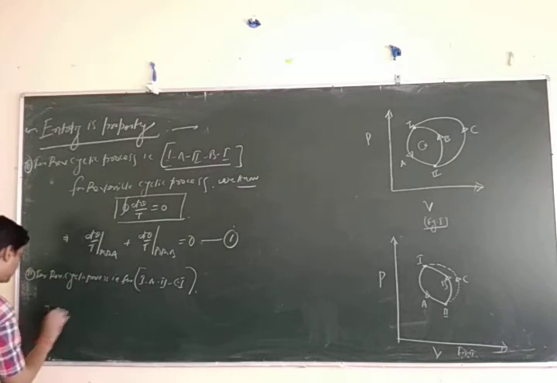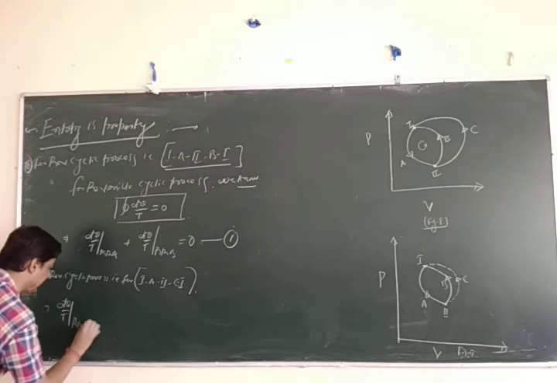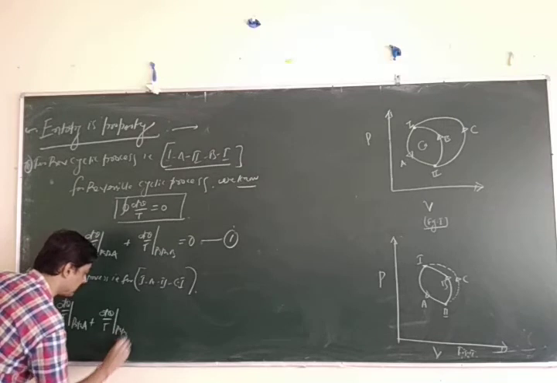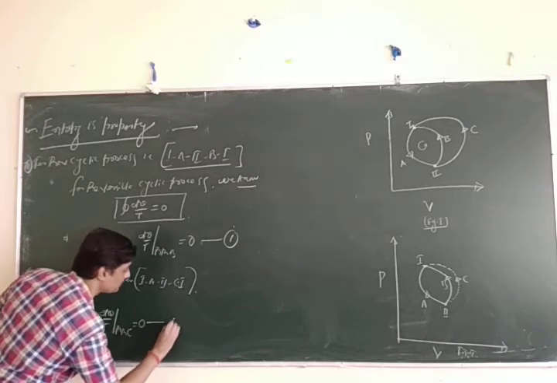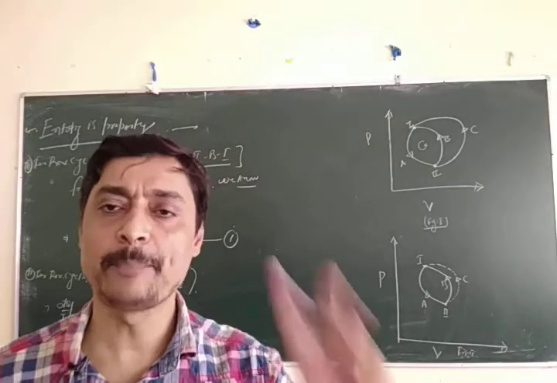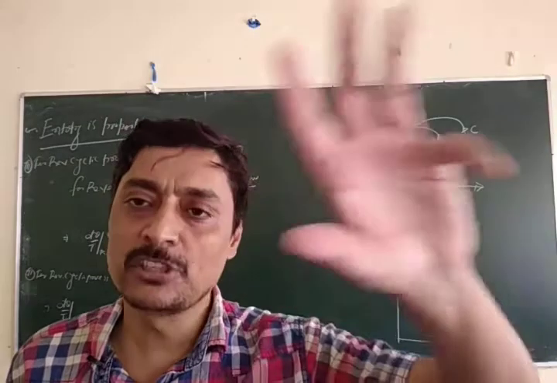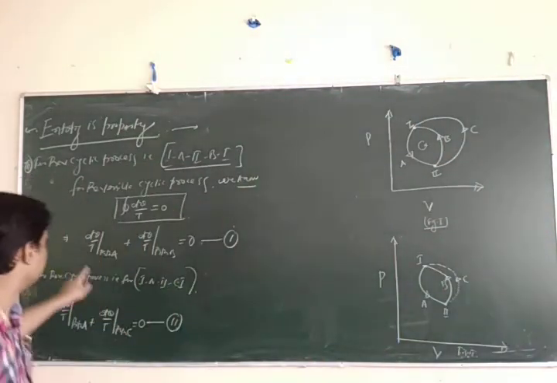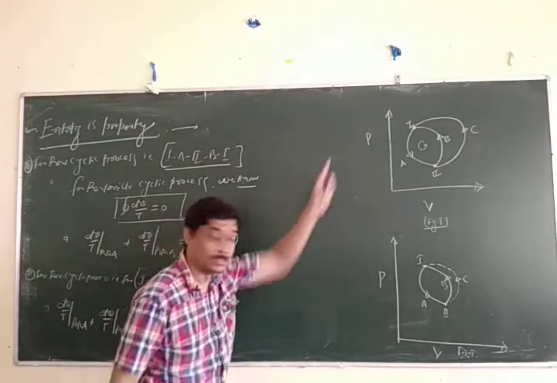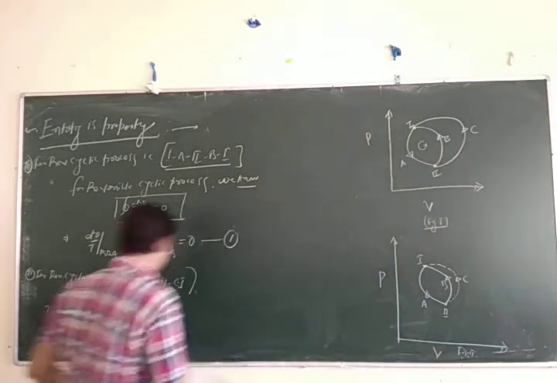So dQ by T for path A plus dQ by T for path C will be equal to 0. Let us call this equation number 2. It is a very simple approach. We have two reversible cyclic processes, and for both we are measuring dQ by T, since the cycle consists of path A and path C.